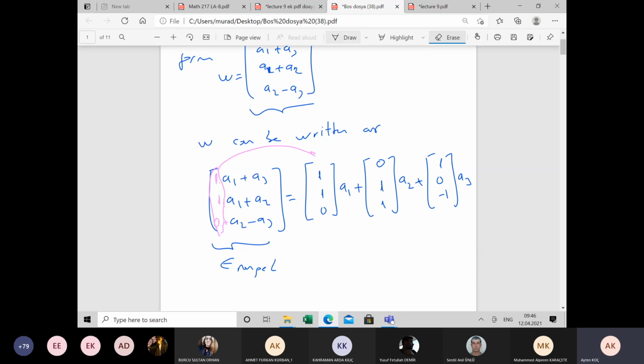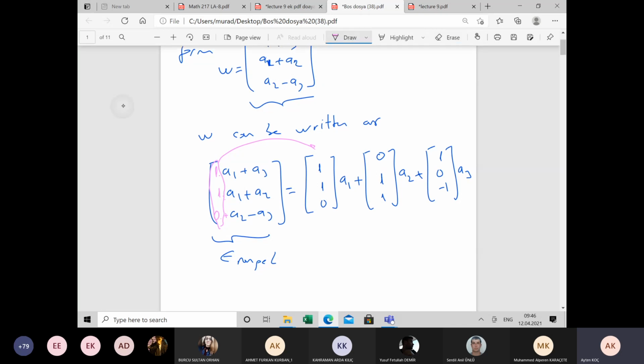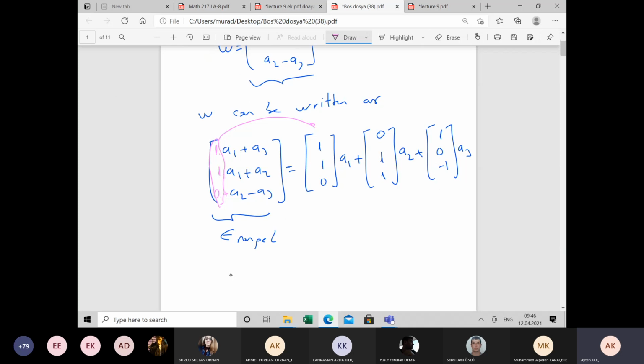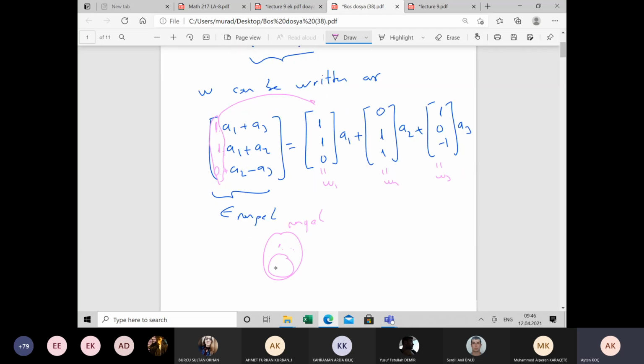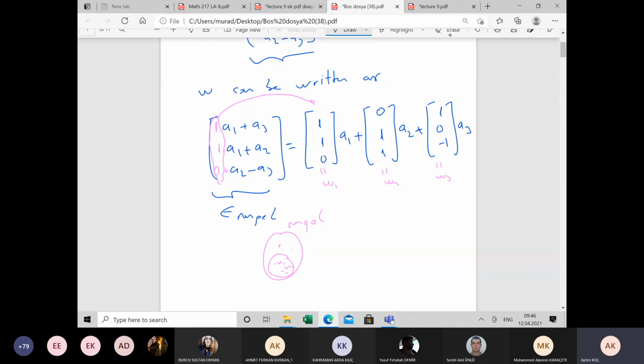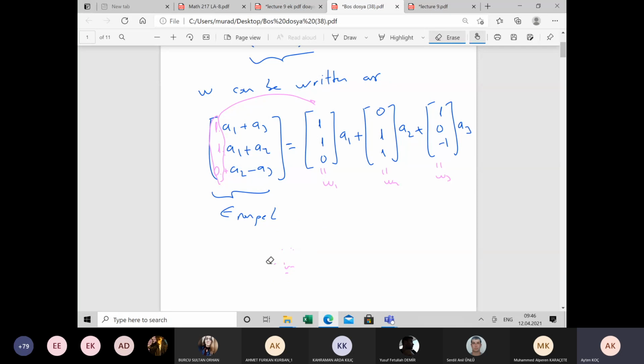So every vector in the range of L can be generated using W1, W2, W3, and we obtain this set.